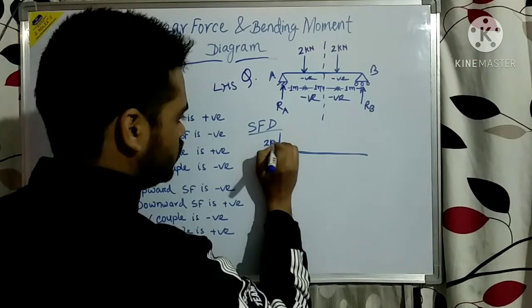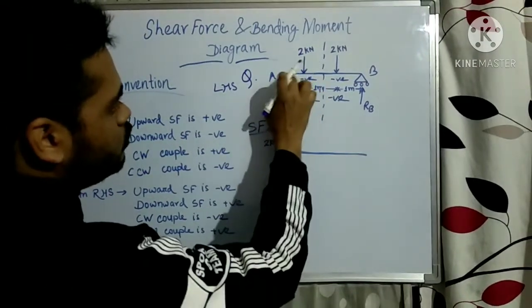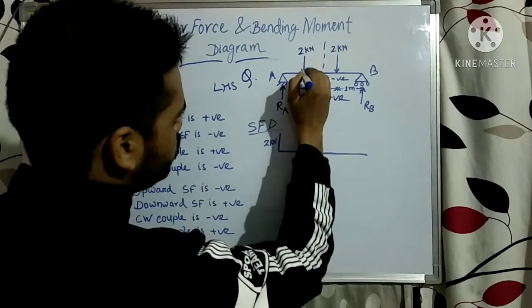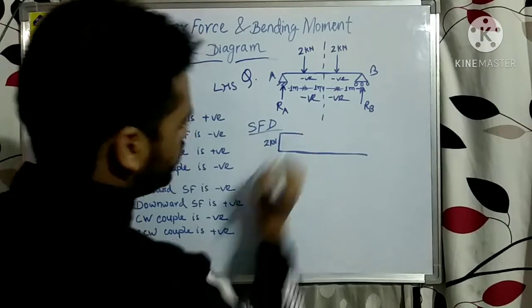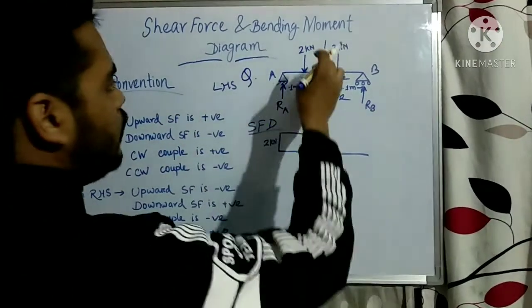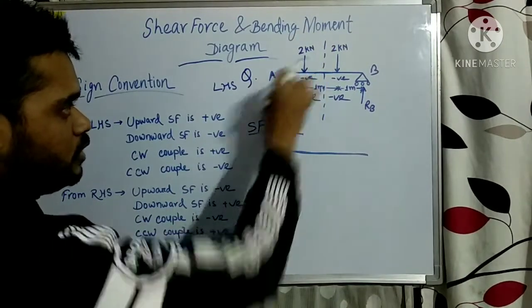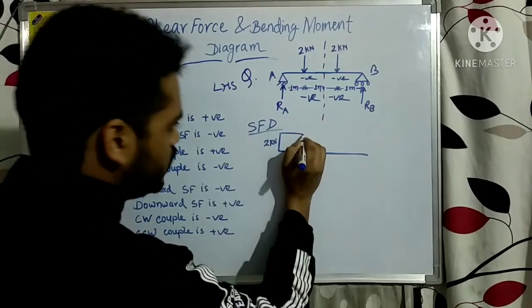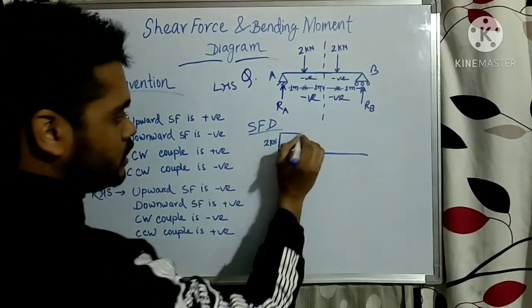From here to here there is no shear force, so up to this point 2 kilonewton will be there. Now this 2 kilonewton load is acting downward, so it will be negative. 2 minus 2 will be 0, and 0 means it will come to the neutral axis.